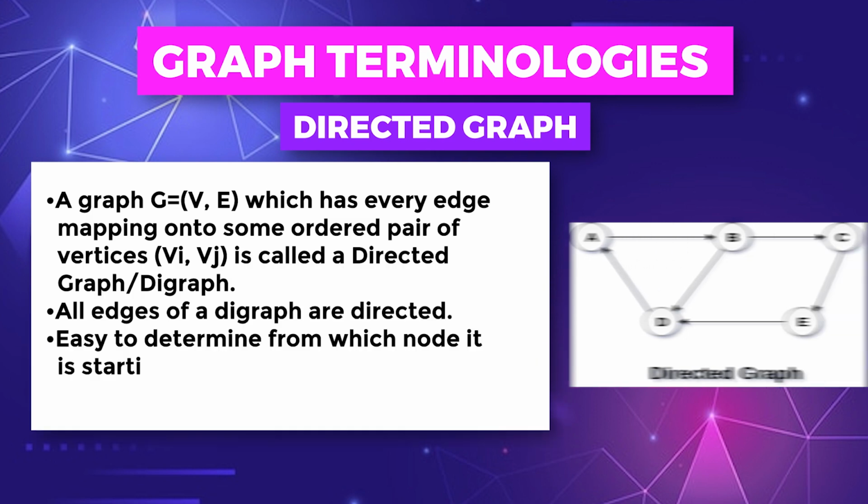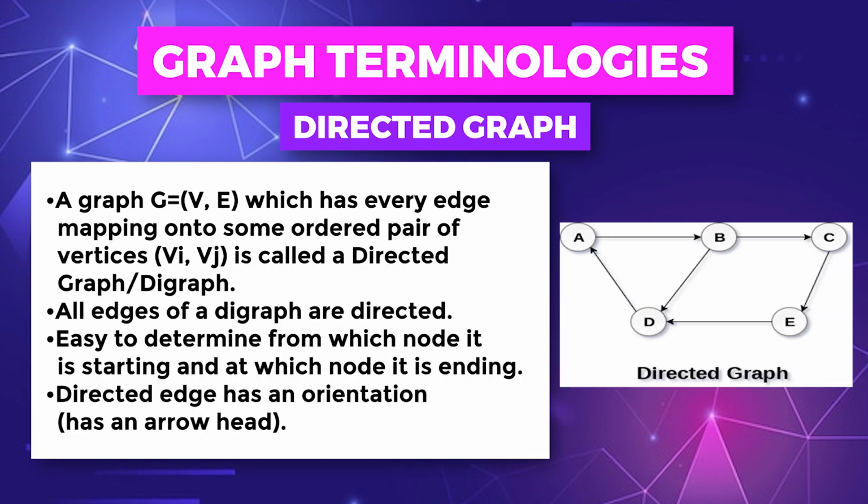A graph G which has every edge mapping onto some ordered pair of vertices (Vi, Vj) is called a directed graph or digraph. All edges of a digraph are directed. In a directed graph, it is easy to determine from which node an edge is starting and which node it will be ending.